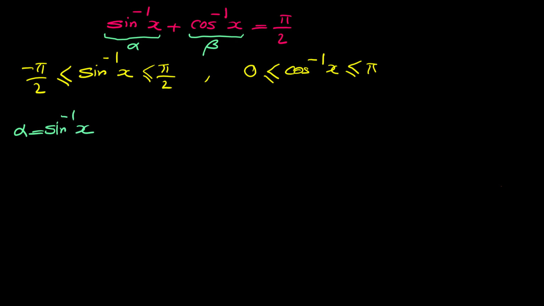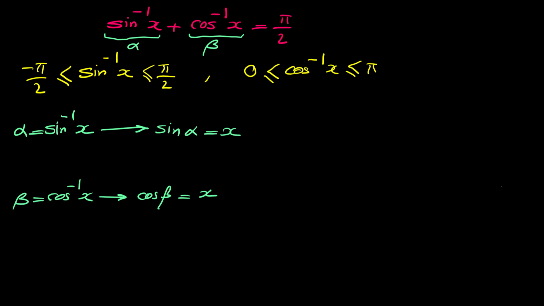We know that an answer of the sine inverse always is an angle. We name that angle alpha. From this relation, immediately we conclude that sine of alpha is x. And we suppose beta to be equal to cosine inverse of x. From this relation, cosine of beta is also x.